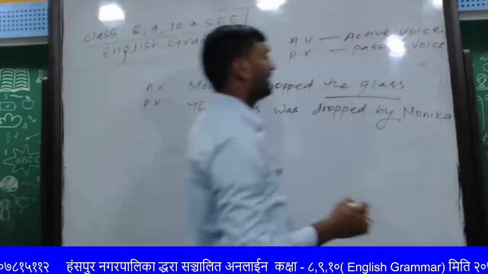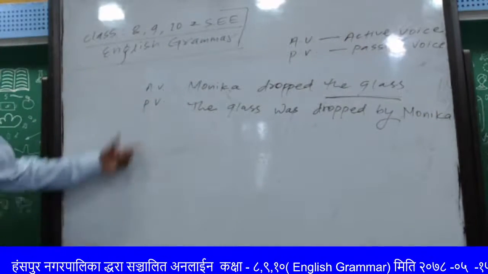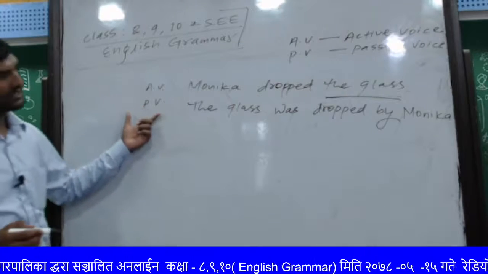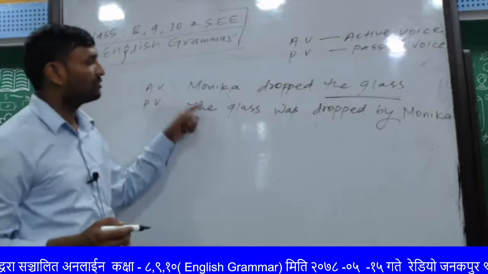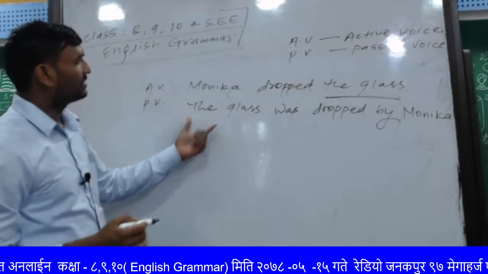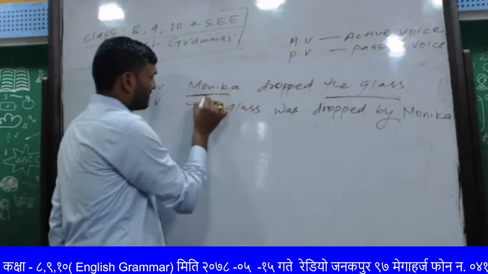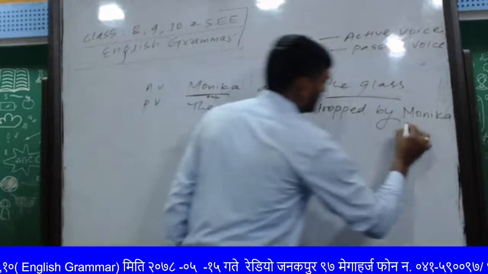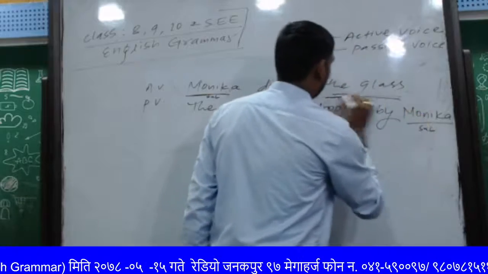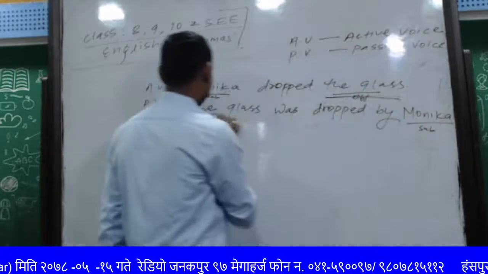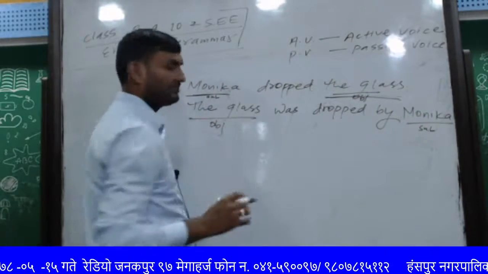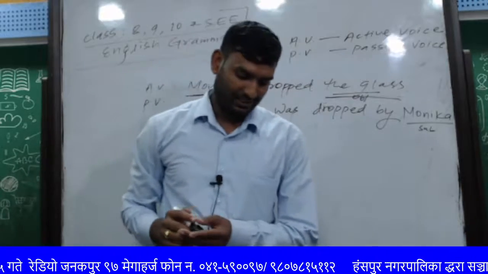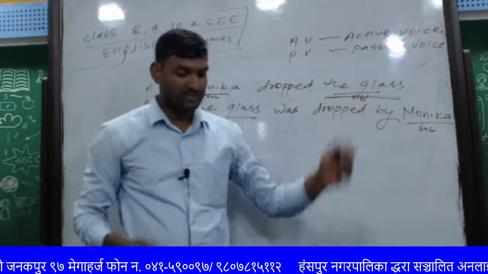In this way we can change an active sentence into a passive sentence. Here is the subject, SUB, and here the object, OBJ. These are some basic rules of voice.